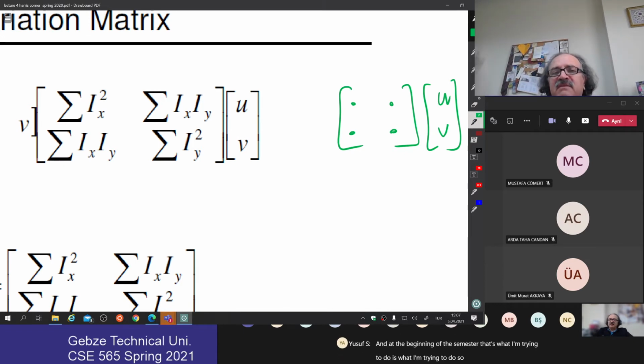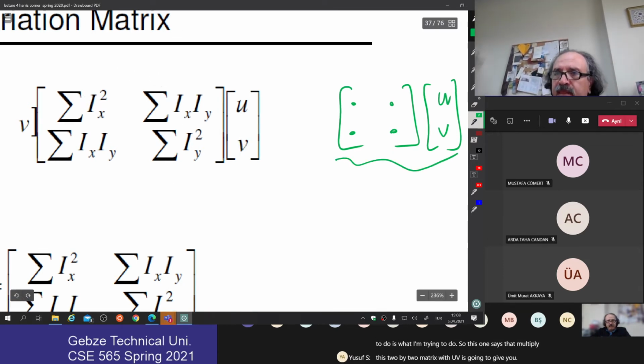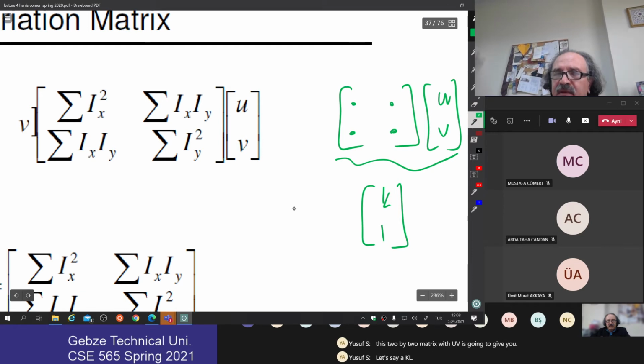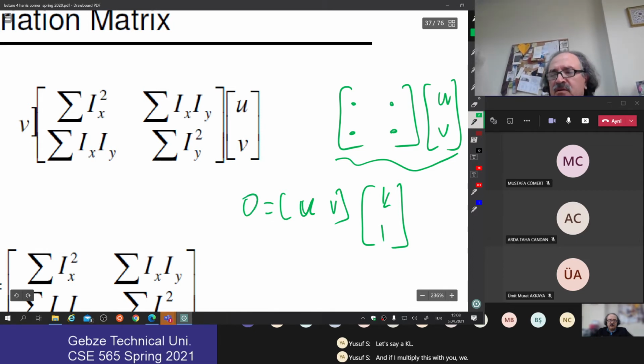So this one says that multiplying this 2 by 2 matrix with UV is going to give you, let's say, KL. And if I multiply this with UV, it's going to give you 0. If the multiplication of such two vectors is 0, what does that mean?